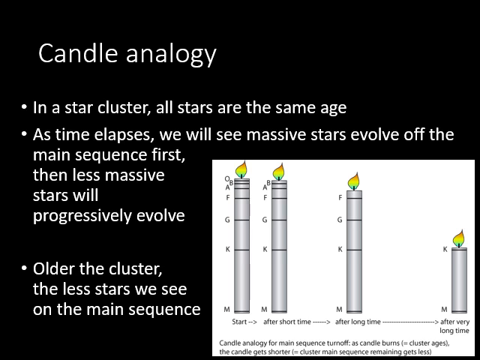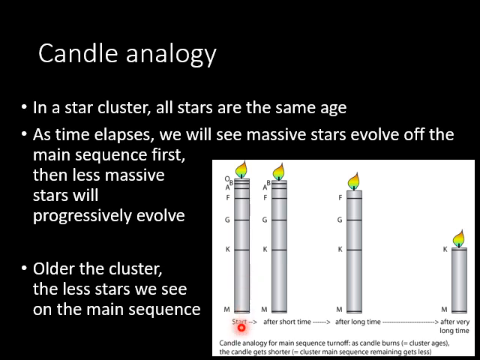A good way to think about this is to use a candle. The candle represents all the stars that are currently on the main sequence. So here's our candle, and we've listed them in order from hottest to coldest. Remember those letters O, B, A, F, G, K, and M, hot stars at the top, cold stars at the bottom.